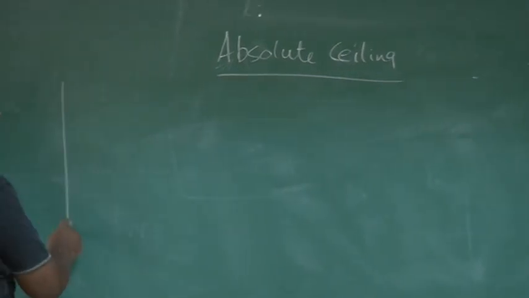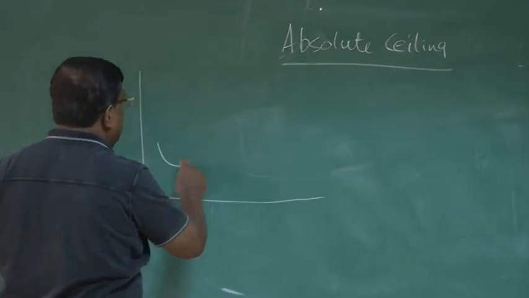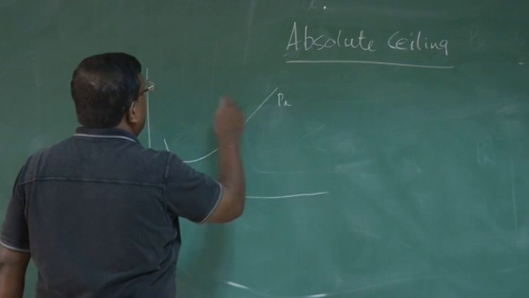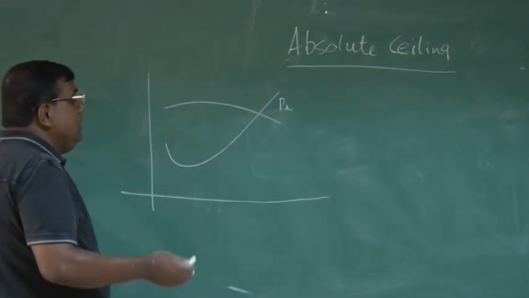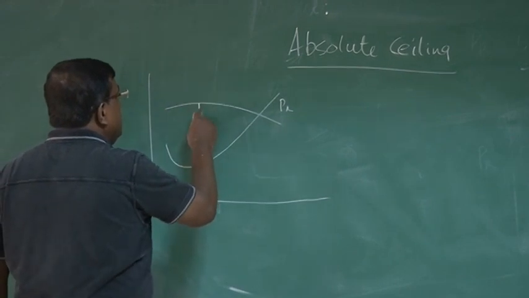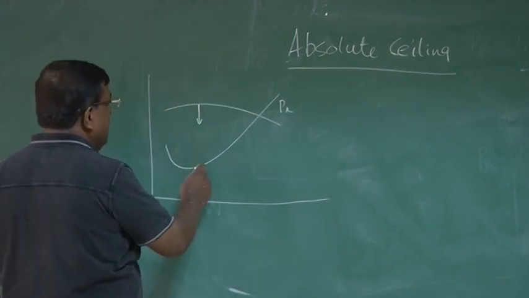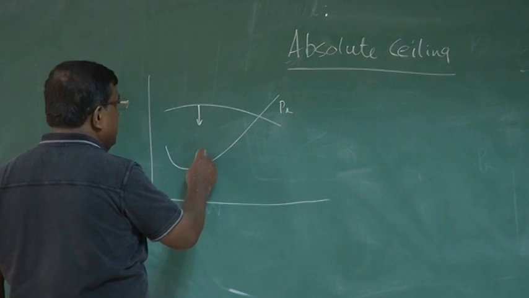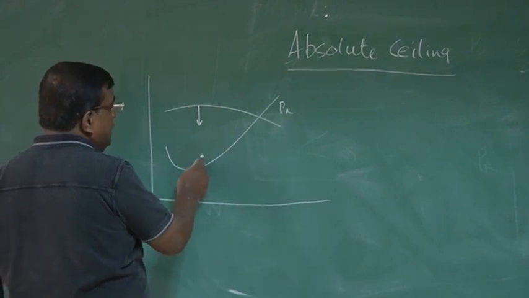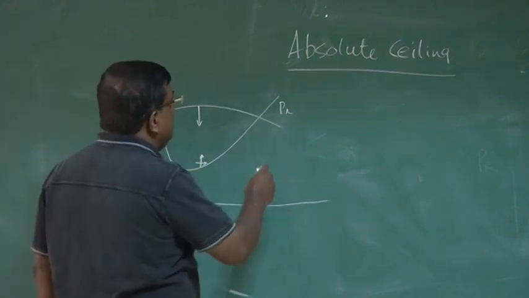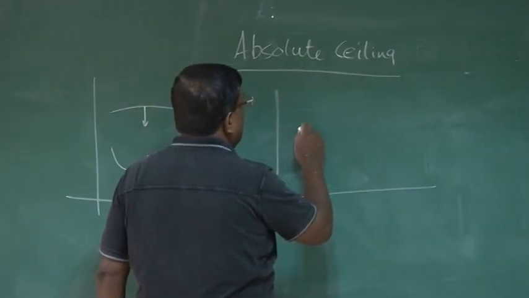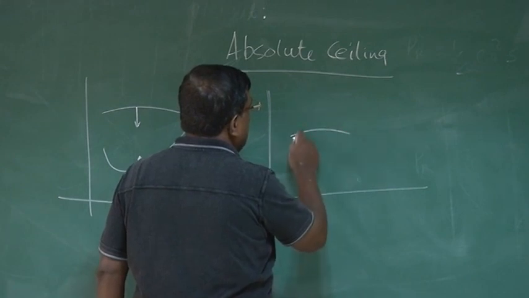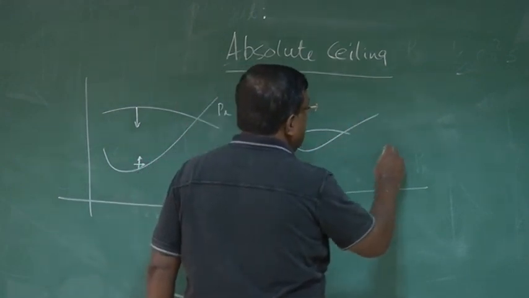We know that this is power required, and let's say this is power available. And as the altitude increases, we know that this has a tendency to come down because of density effect, and this has tendency to go up and goes towards right. So what happens as I go higher and higher, this comes down, and the gap between them goes on reducing.